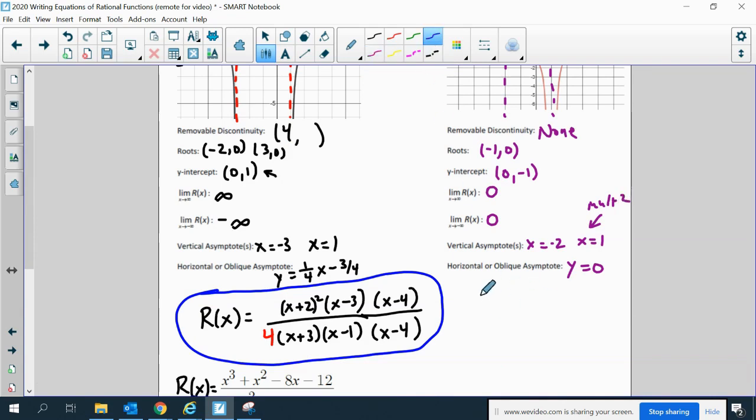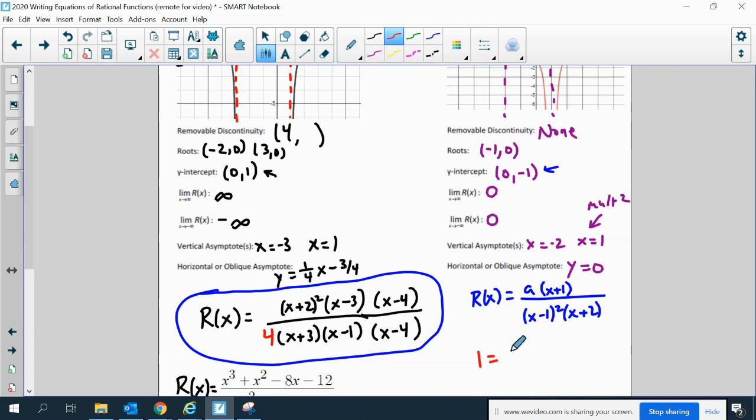So if I'm going to write this, I need to remember that this has multiplicity 2, and I can write r of x is equal to a times (x plus 1) over (x minus 1) squared times (x plus 2). And then I know that I can use the y-intercept in order to figure out what a is.